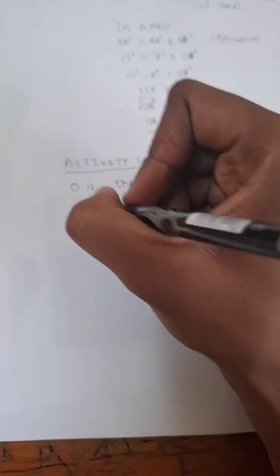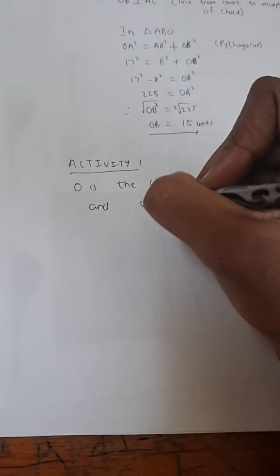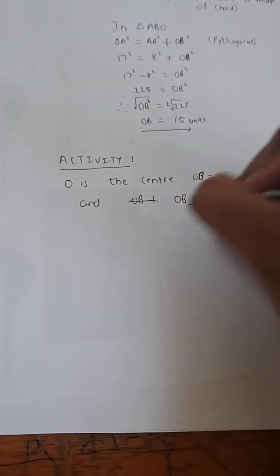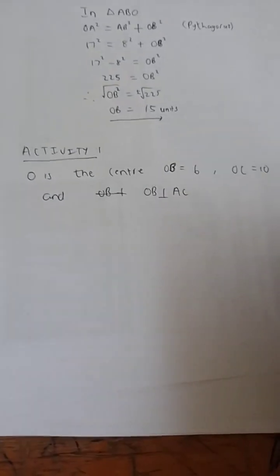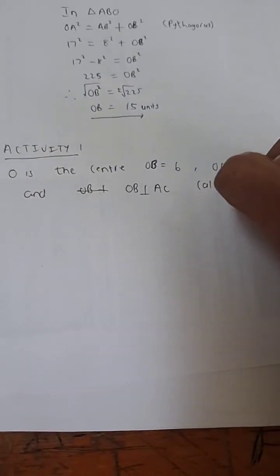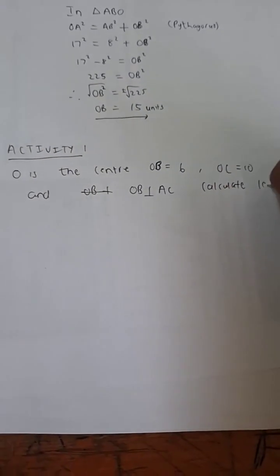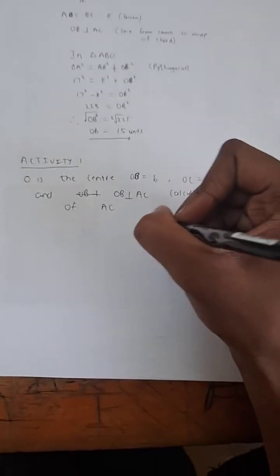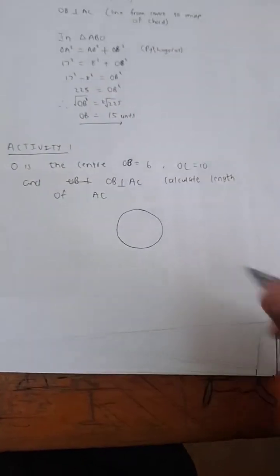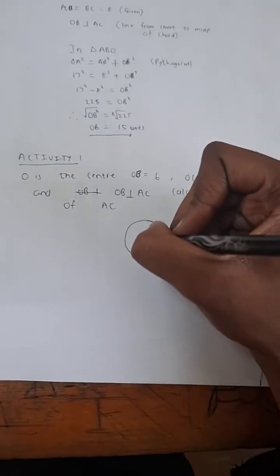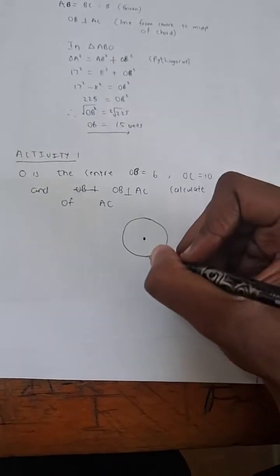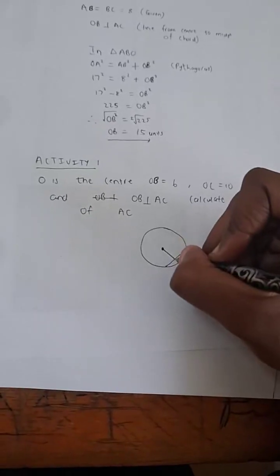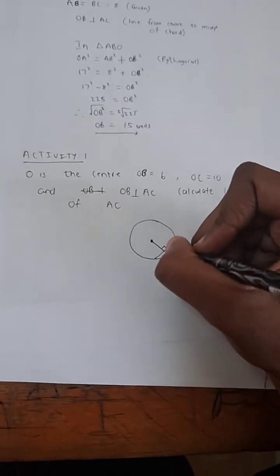OC is equal to 10. Okay, and OB, thank you, Mbali. OB is perpendicular to AC. Calculate the length of AC. I'm going to zoom out a little bit here so that you guys can see the diagram a bit more. I'll give you some time to do this problem.